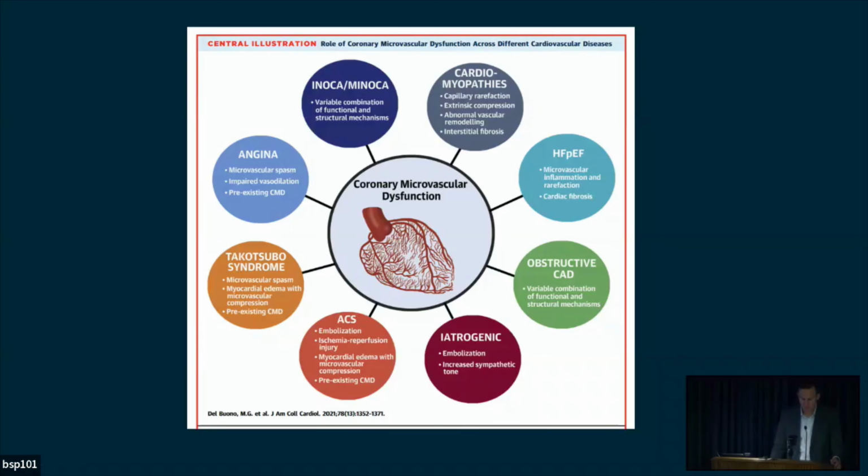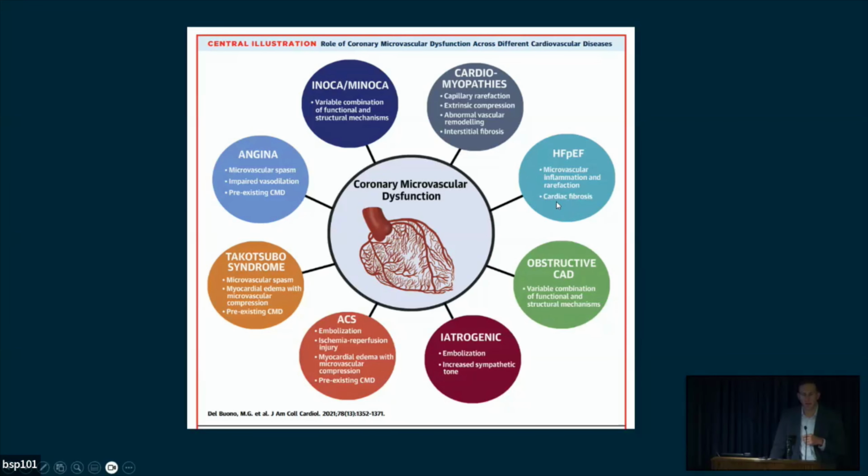And then we also see a beautiful overlap between cardiomyopathies, so both infiltrated cardiomyopathies like sarcoidosis or amyloidosis. Also, we're seeing a big overlap with a lot of the immune checkpoint inhibitors for oncological diseases. So patients being placed on an immune checkpoint inhibitor, they have some sort of cardiomyopathy, or they have like a myocarditis presentation, and a lot of those patients might have concomitant coronary microvascular disease as well, and then also HFpEF in general.